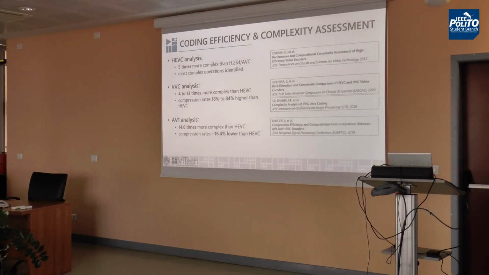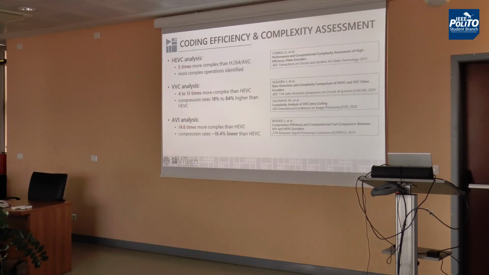And improving nearly 40% when compared to H.264. Next generation, VVC, 4 to 13 times. Again, it depends on the configurations, when compared to HEVC, right? And the compression gains, I mean, crazy numbers. I don't think on average we can say that it has achieved 50%, right?